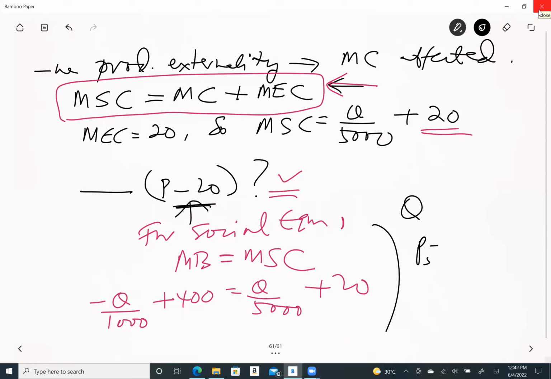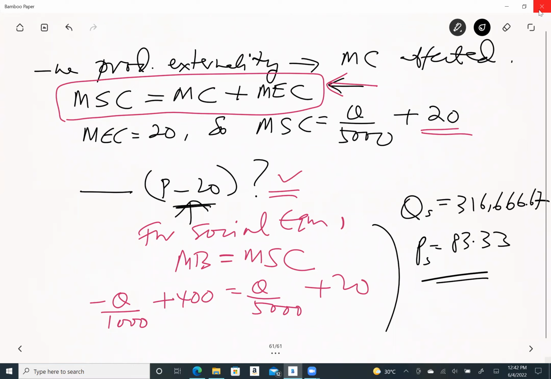So I got PS equal to 83.3, QS 316,666.7. Okay, I think this looks reasonable. So, Charvi, check your work again. Okay, so that will be the social equilibrium.